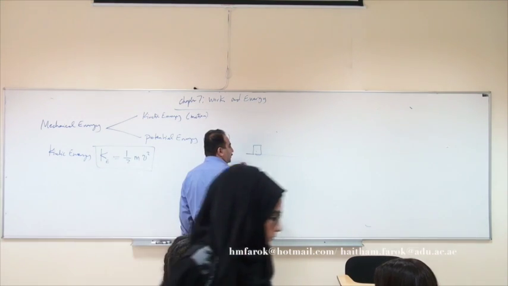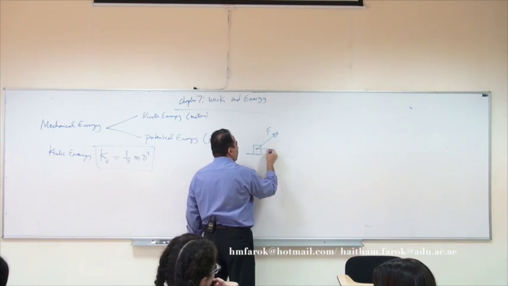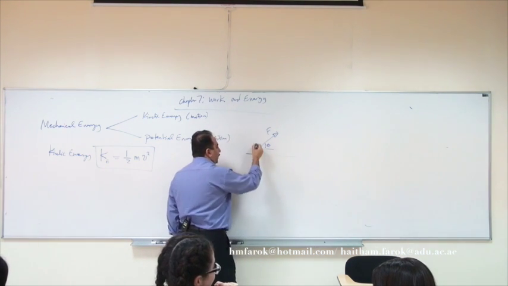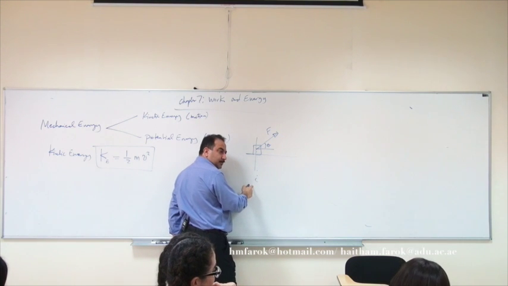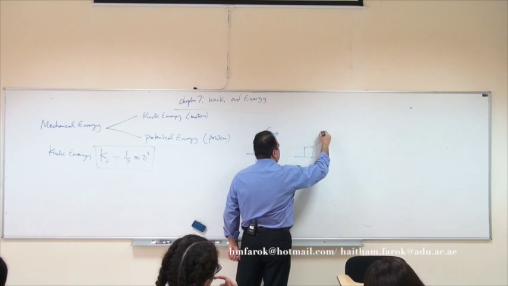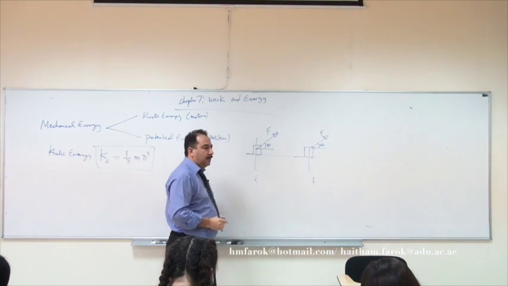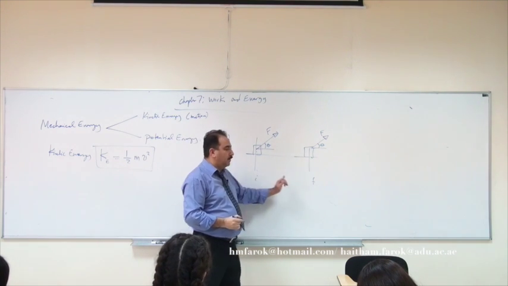There's a block here, a mass, on the floor. And there is a force, F, at an angle theta. The object is initially here. Then it moves to there, finally. Now, initial position, final position.